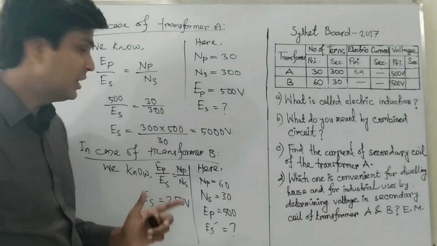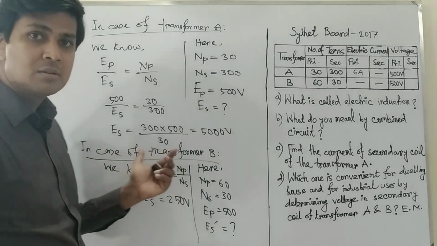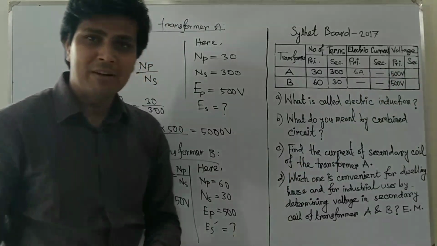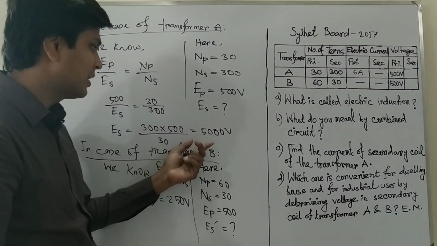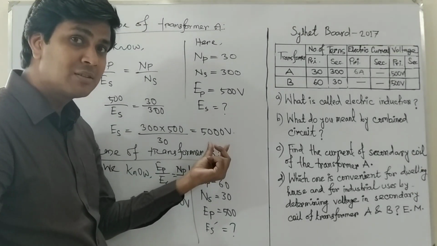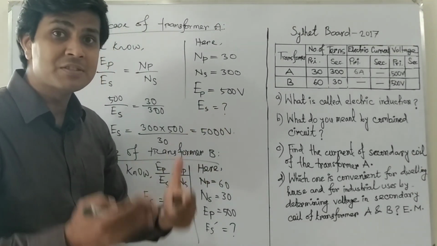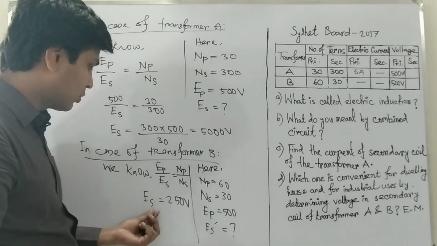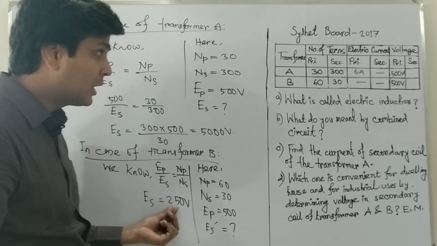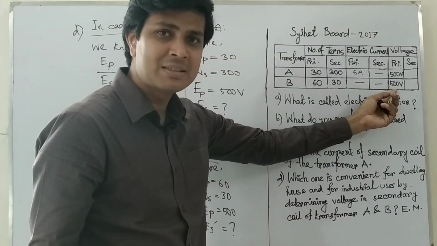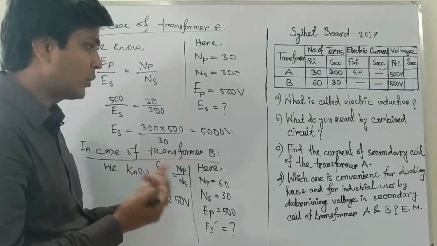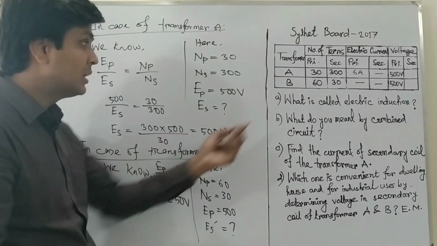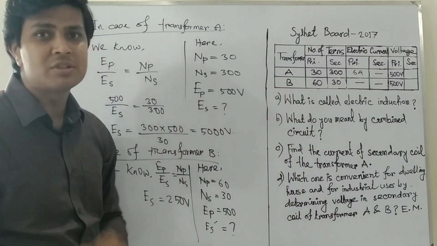So here you can see for transformer A, the primary voltage is 500 but the secondary voltage is 5000. So we can say transformer A is a step up transformer. And you can see here the voltage of secondary coil is 250 volt and the primary coil voltage is 500 volt. That means the voltage is reduced. So we can say transformer B is a step down transformer.